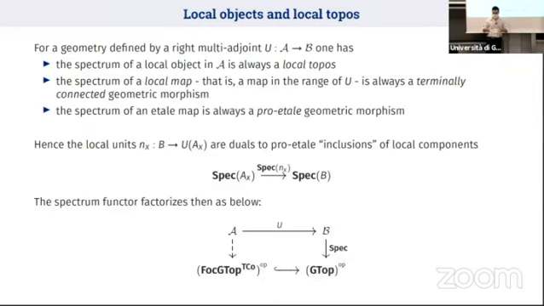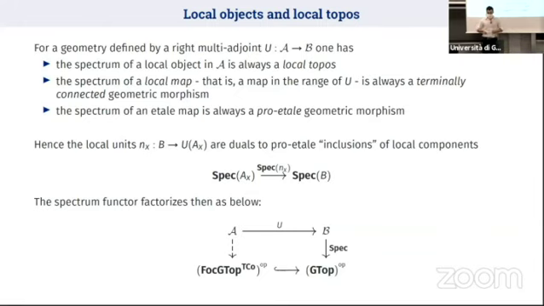But in each case, what is interesting is that the spectrum sends local objects to what we call local topoi, and it sends local maps to a class of geometric morphisms we could call terminally connected, and étale maps to a class of geometric morphisms called pro-étale.